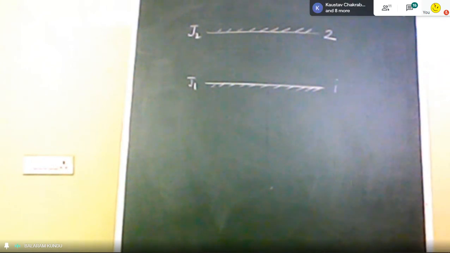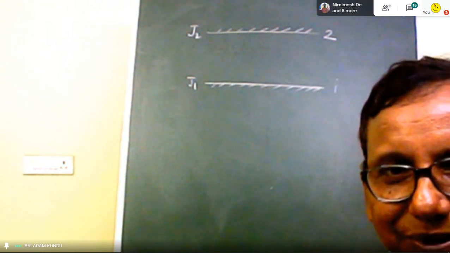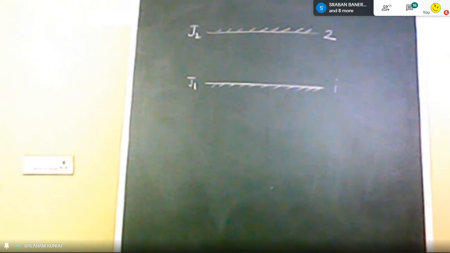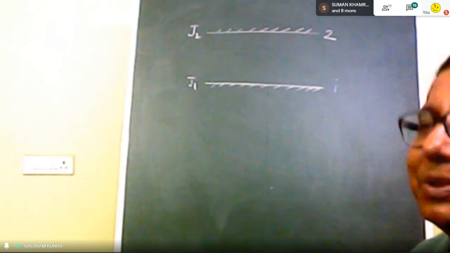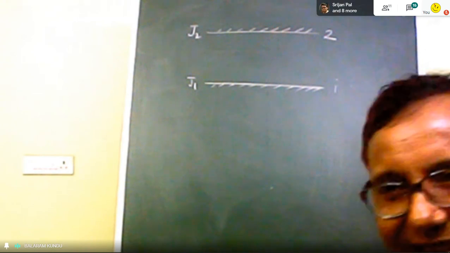Now heat exchange takes place between surface 1 and surface 2. Which property is necessary for exchanging heat between two surfaces? Definitely the view factor is required.